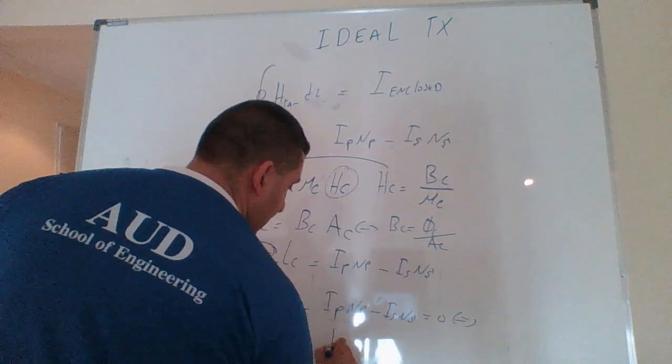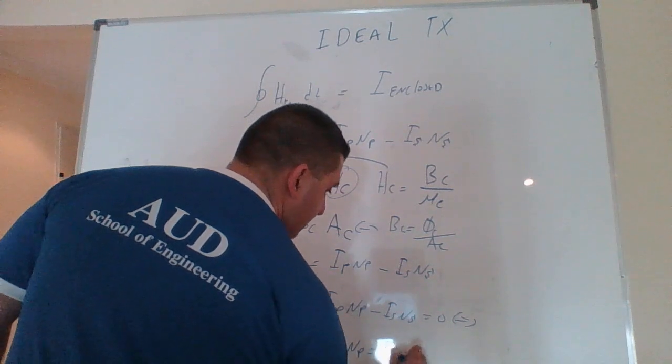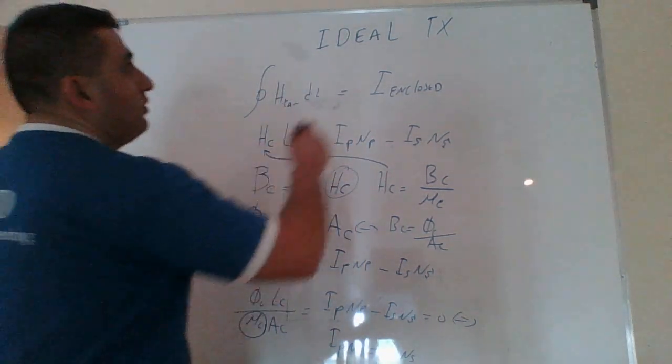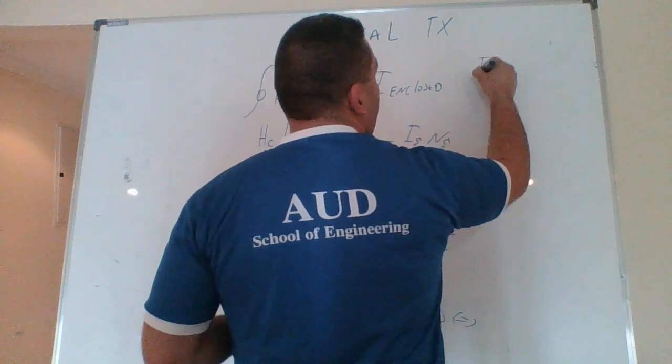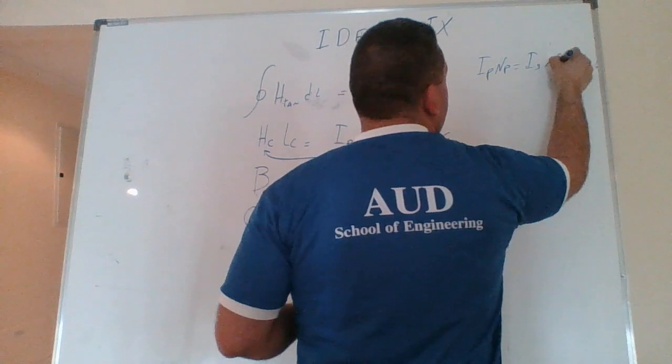Therefore, I primary N primary is equal to I secondary N secondary. And this is the relationship of a transformer.